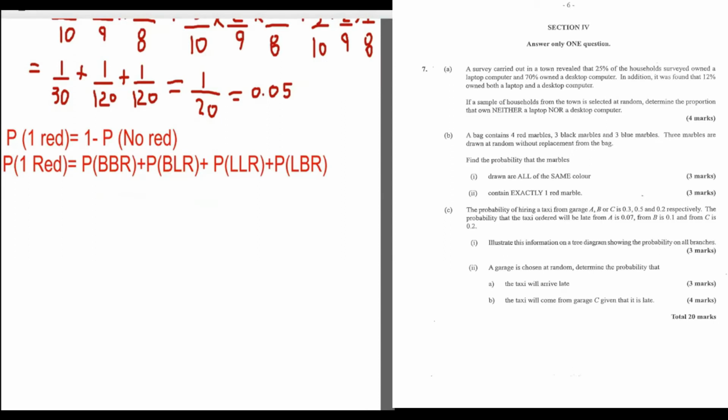I'm just going to do the first one. 1 minus no red. It does seem shorter now. So the probability of no red means you draw absolutely no red at all.